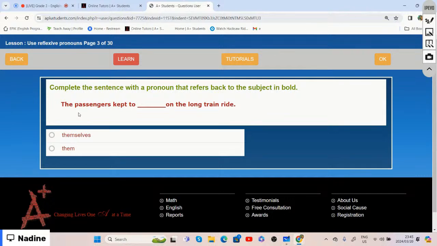So the passengers kept to themselves, or the passengers kept to them on the long train ride.